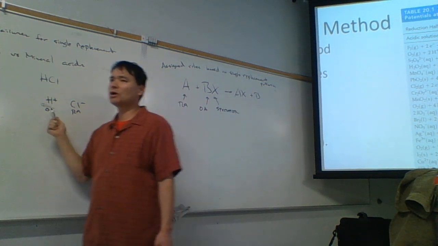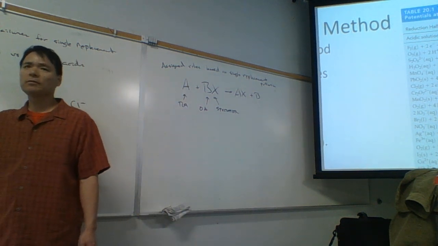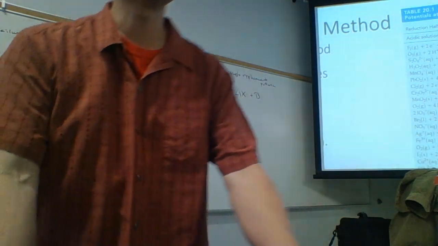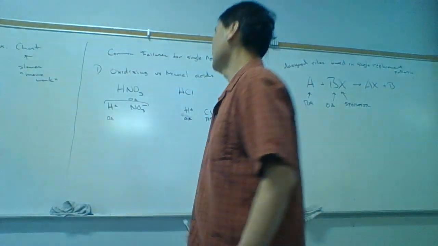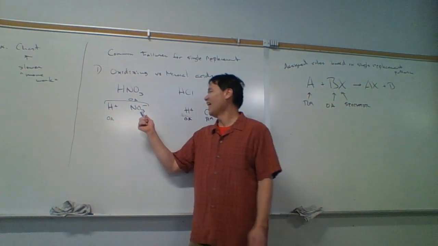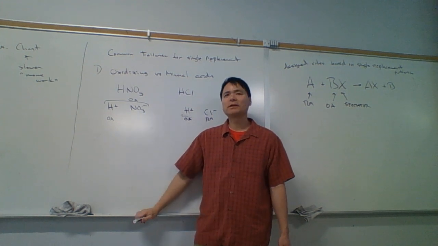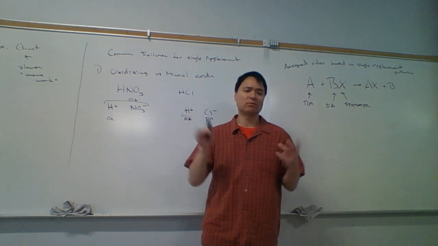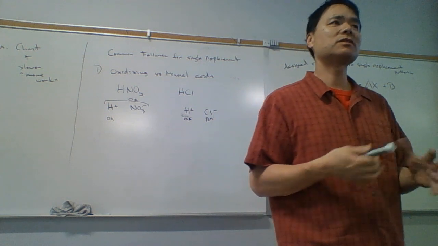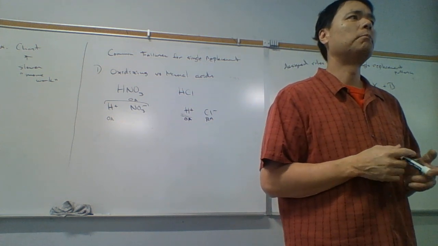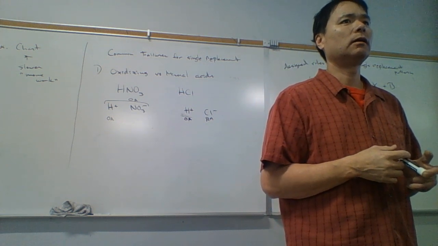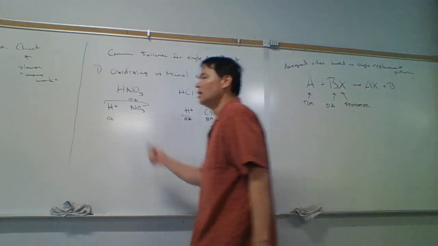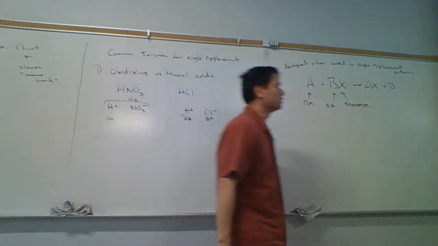But we run into trouble with an oxidizing acid. The reason we run into trouble with an oxidizing acid is this. We have X. X is supposed to be a spectator. Nitrate's supposed to be just watching. Nitrate's not supposed to do anything. But when we compare the strength, which one's a stronger oxidizer?